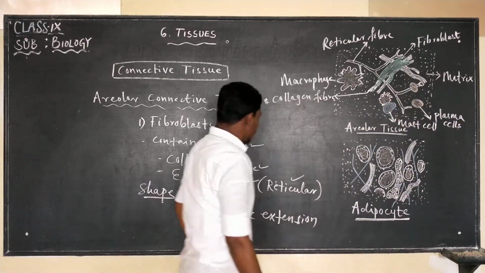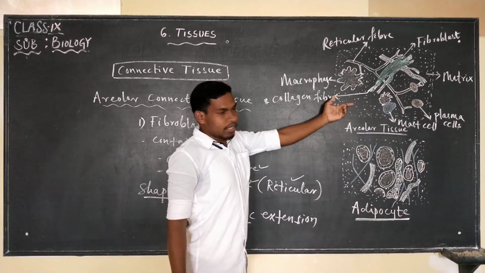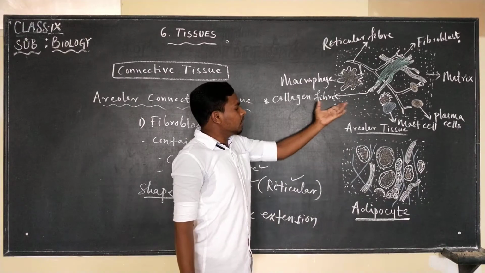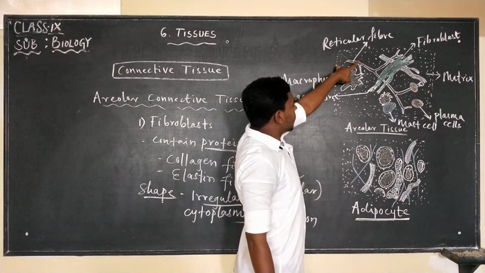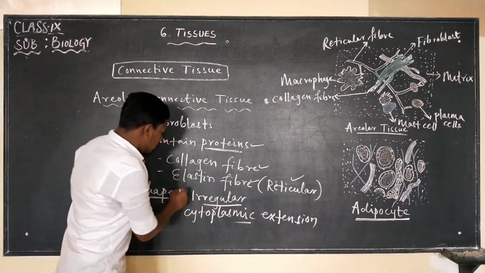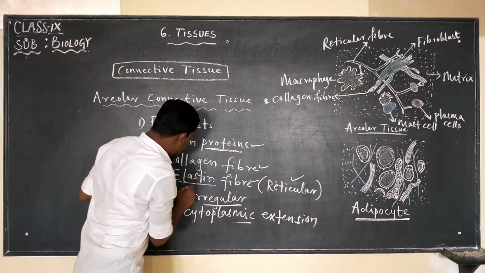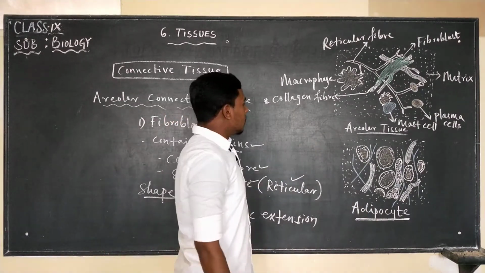Here, collagen fibers provide tensile strength, and reticular fibers provide elasticity, because the other name for reticular fiber is elastin.